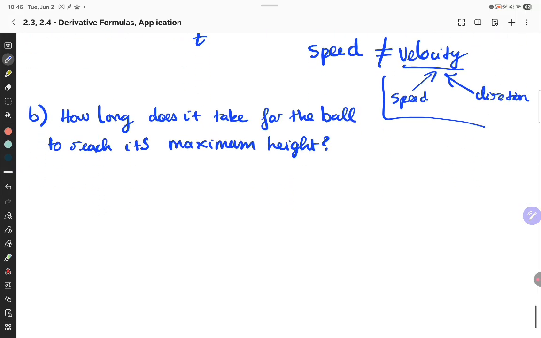And yes, part C, I'm just going to let you know right away. If you know the answer to this, the next question I'm going to ask is, what would be the maximum height the ball can reach? But for now, how long does it take for the ball to reach its maximum height?